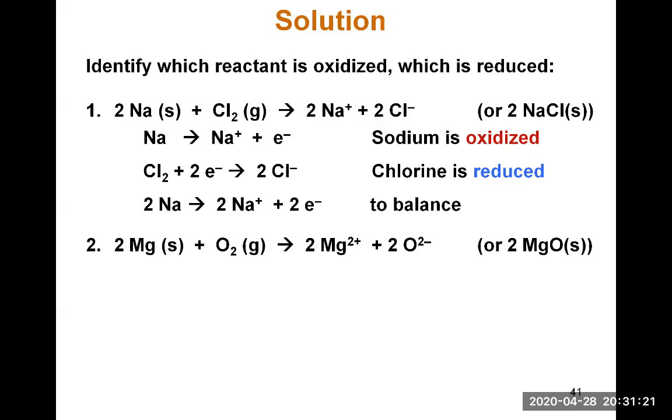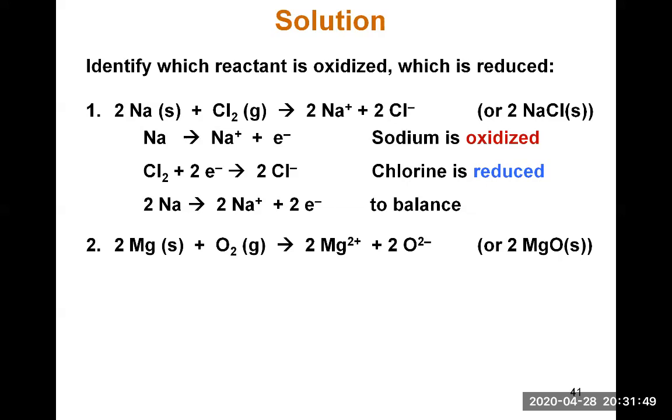So let's look at the second equation here. It's the net reaction of magnesium and oxygen. Magnesium in its elemental state as a metal, and oxygen in its elemental state as a gas. They will combine together and react to give 2 Mg2+ ions and 2 O2- ions.